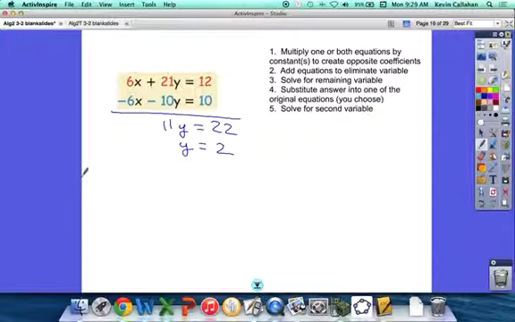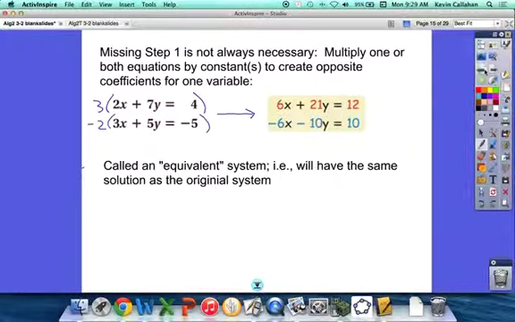And then when it says to go back, substitute your answer into one of the original equations. You could substitute into one of these, which is really not one of the original equations, or you could go back to these, which are going to have smaller numbers involved. Either one, pick an equation you want to solve.